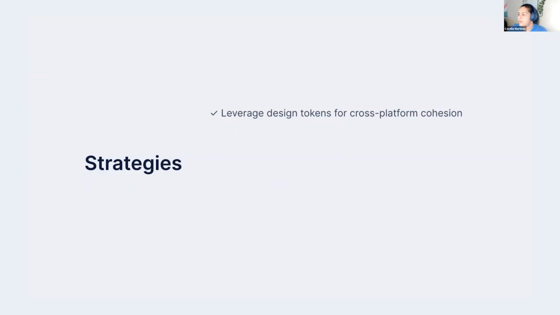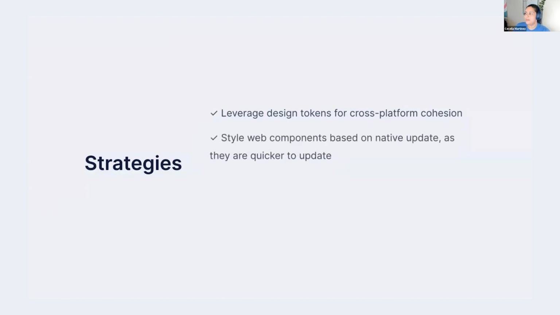Additionally, what I've seen some teams do is they will style the web components to catch up with the native updates because they're a little bit quicker to update and push out. So the web team may follow suit from the native team's update.